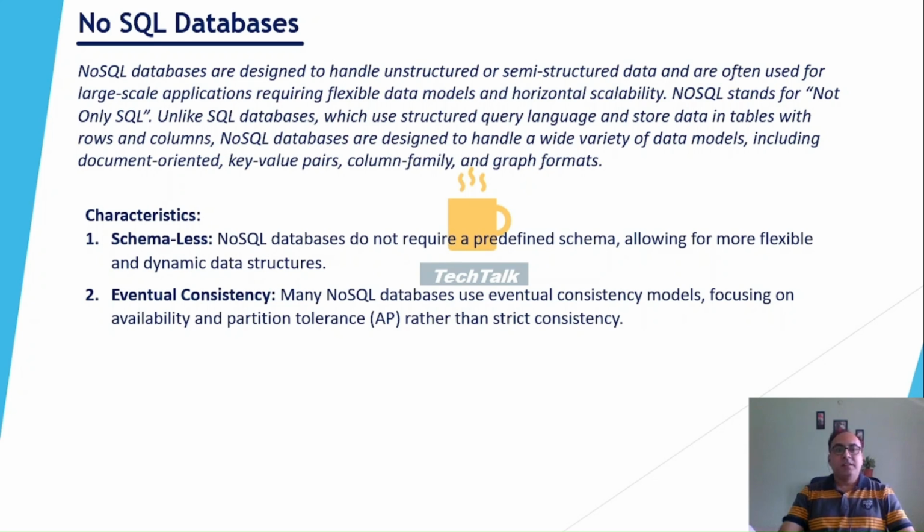So at max, a distributed database system can achieve two goals: either consistency and partition tolerance, or availability and partition tolerance, or availability and consistency. So these are the possible scenarios. NoSQL databases follow availability and partition tolerance.